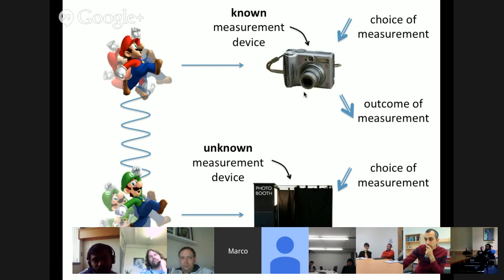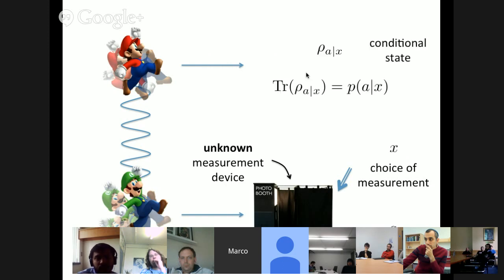Since in this case Bob has full quantum control of his measurement, well, the point is that he can do local tomography.